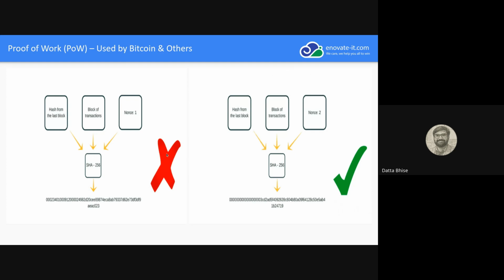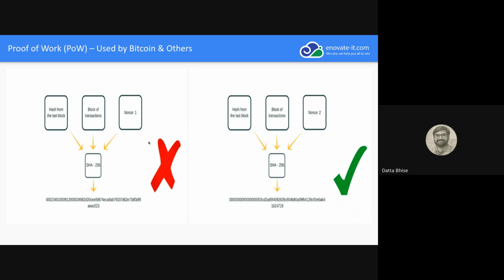The network is giving a challenge to miners that you have to create the SHA-256, double SHA-256, of your data. Data means the transaction hash block, the hash of the last block of transactions, whatever the transaction block has.